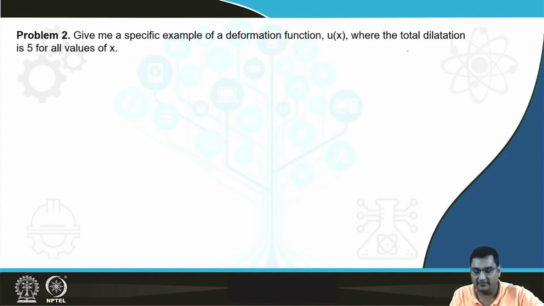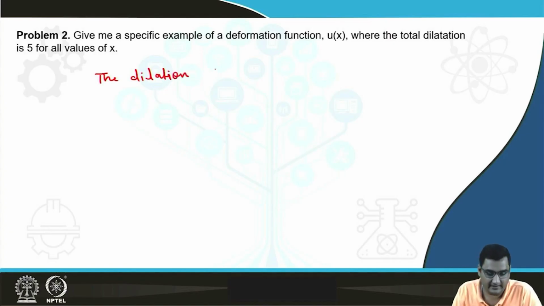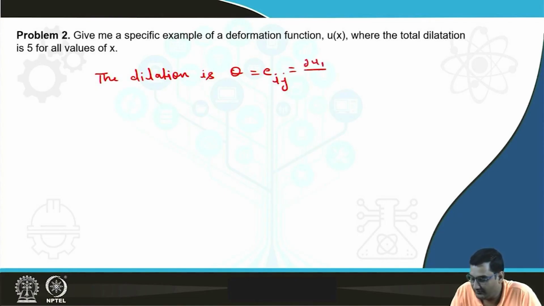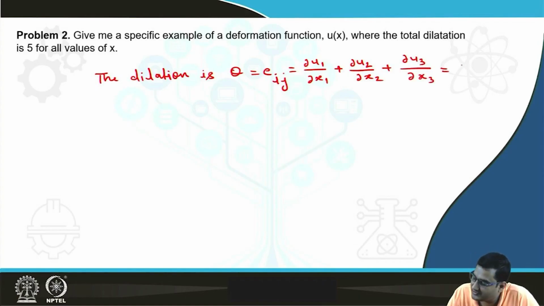If you look at the dilatation, this is theta, that is equal to Eij, which is del u1 by del x1 plus del u2 by del x2 plus del u3 by del x3, and that can be written as del dot u vector.